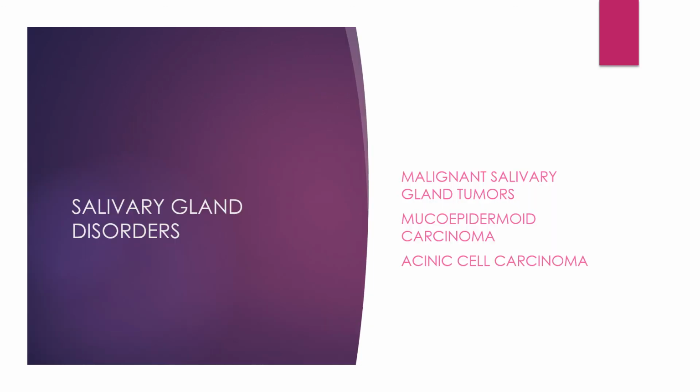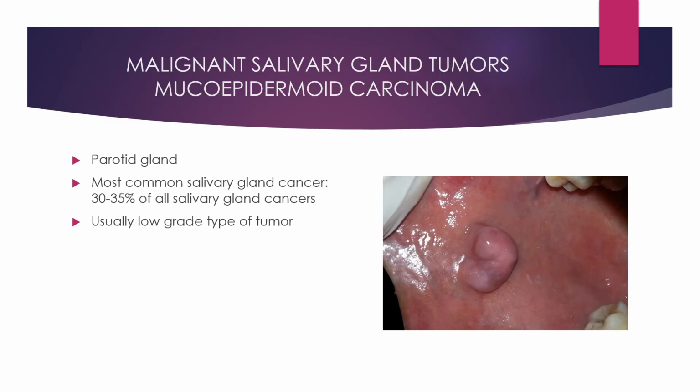As there are a multitude of benign salivary lesions, there are many malignant salivary gland tumors, and we're just going to cover a couple of the more common types of malignant tumors. Mucoepidermoid carcinoma generally occurs in the parotid gland. It's probably one of the most common salivary gland cancers, occurring in about 30 to 35% of all salivary gland cancers.